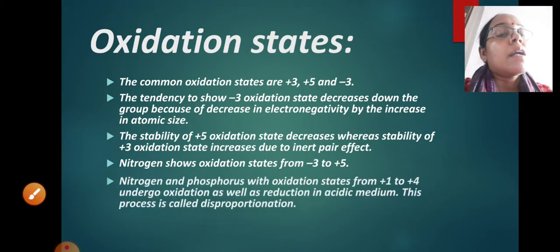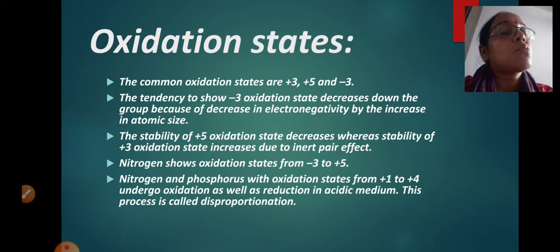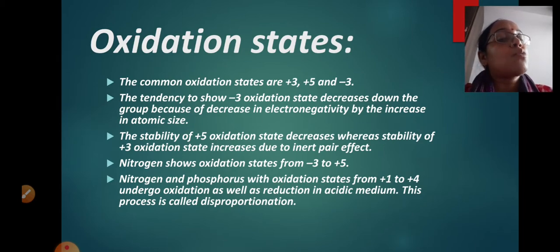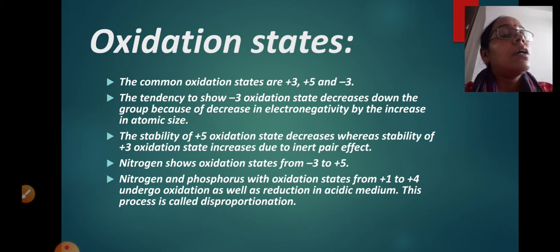Nitrogen and phosphorus with oxidation state from +1 to +4 undergo oxidation as well as reduction in the acidic medium. Since nitrogen and phosphorus have the range of oxidation state starting from -3 to +5, when they are showing +1 to +4 oxidation state, they can undergo oxidation as well as reduction.